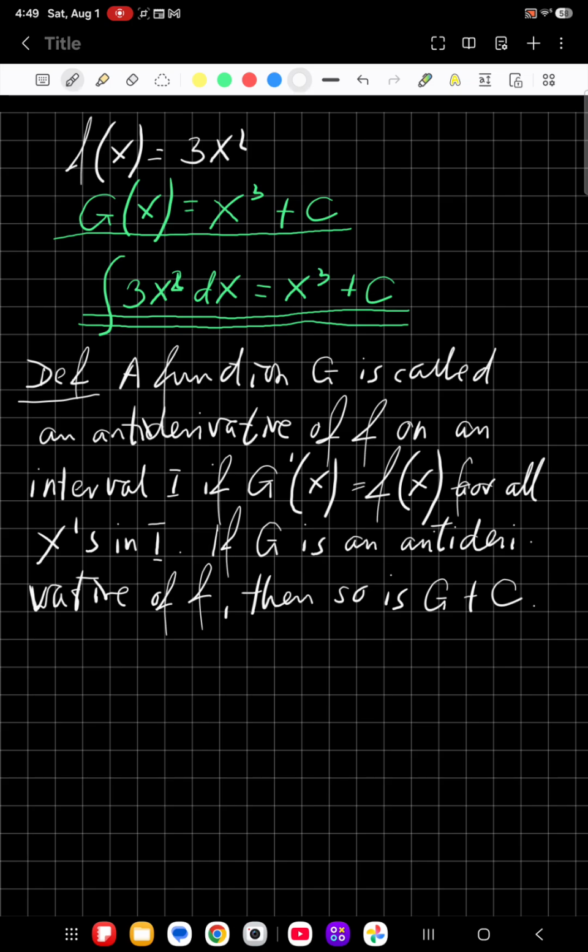Okay, so yeah, let's do more examples. Example 2. So this time it's basically the same thing. It's just worded differently, and it goes like this. Solve a differential equation.